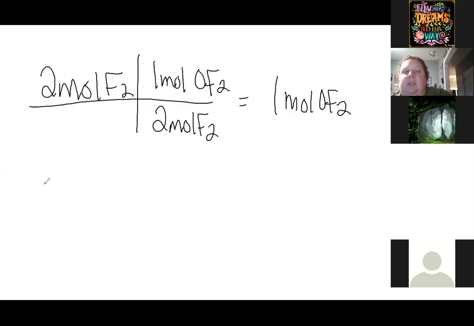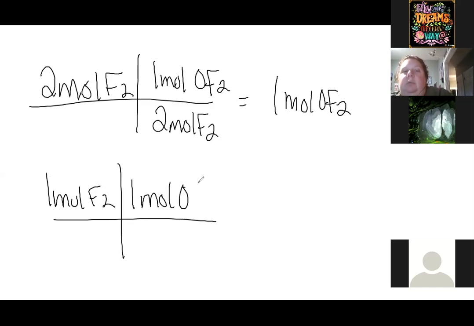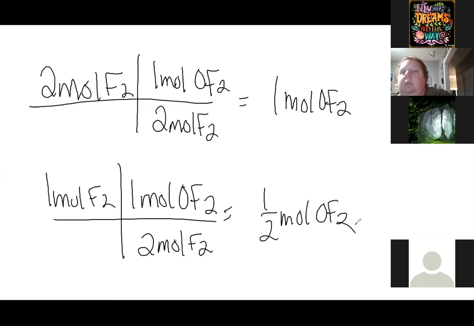And then you could say, well, instead of 2 moles of F2, I now have 1 mole of F2. It's the same mole ratio because it's the same equation. And that would only be half a mole of OF2. So the math supports it also. Yeah, again, I didn't know what I was doing during that question, because somehow I didn't end up with that when I was doing stoich.